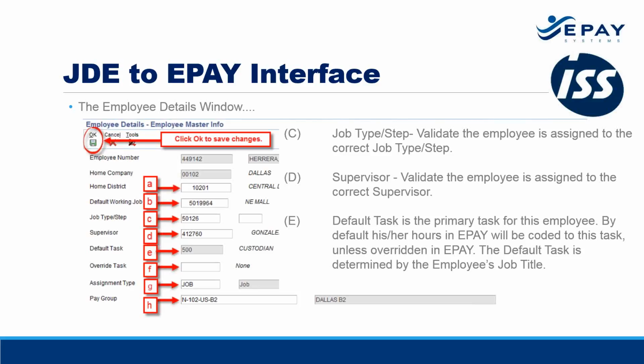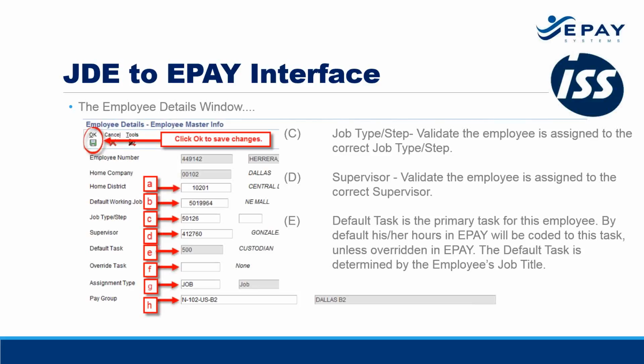Now in turn, the system will send the default task over to ePay, and the default task is validated against the job records that the employee has access to. If that task is available on that job record, then the ePay system will provide that as their default task on that job record. But once again, if that task is not a valid task on that job record, then ePay will assign an equivalent task for that employee on the ePay side.